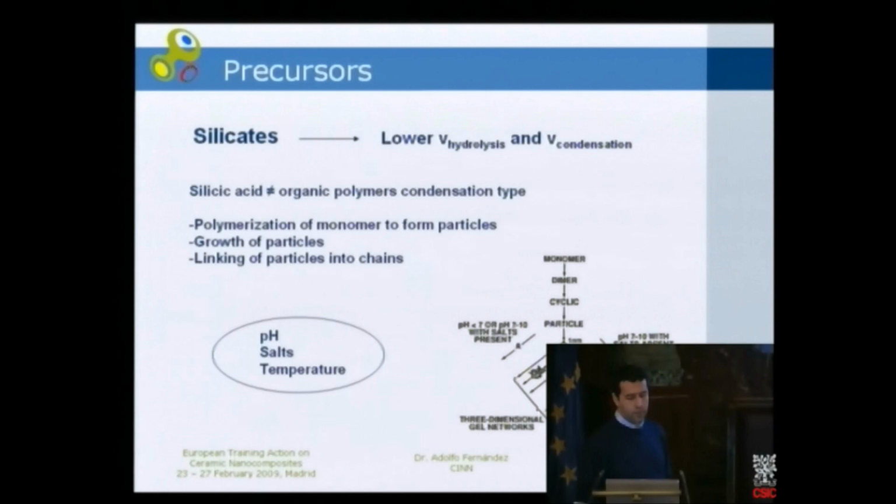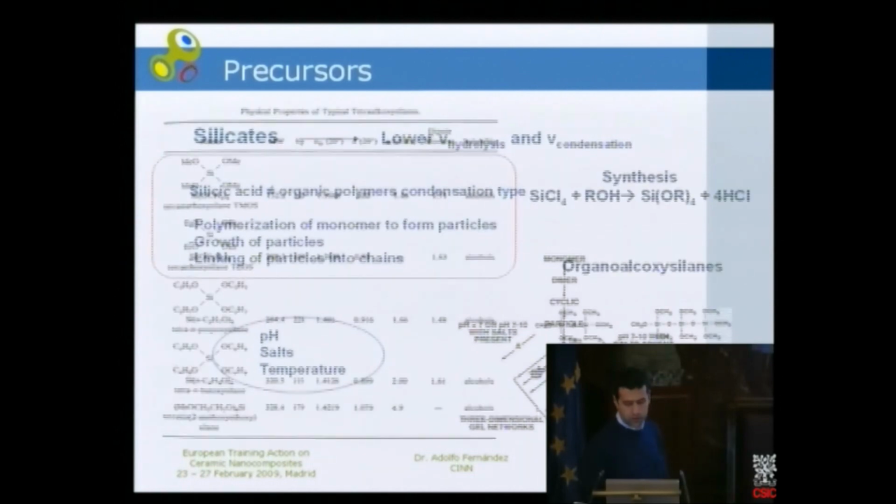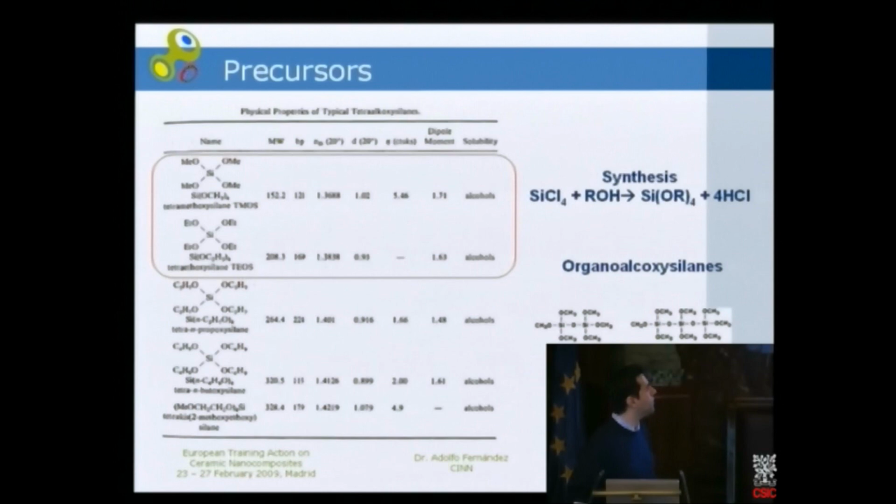It starts with the polymerization of the monomer to form small particles, and after that, these particles are going to grow until they start to link to form chains. Changing the conditions, such as pH, the presence of salts and the temperature, will allow us to control the final product to obtain the desired one.